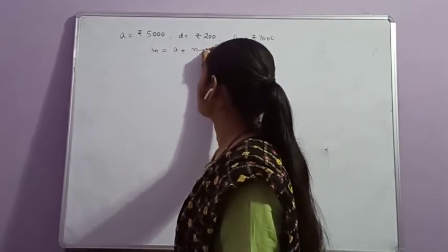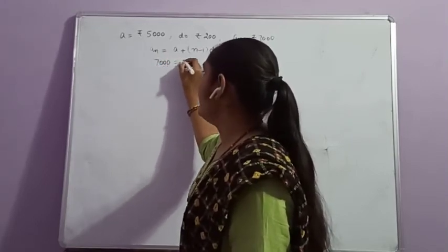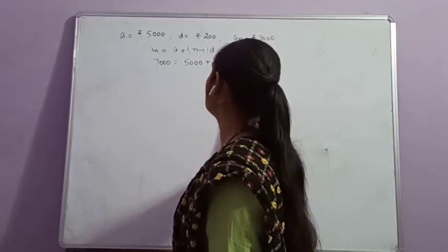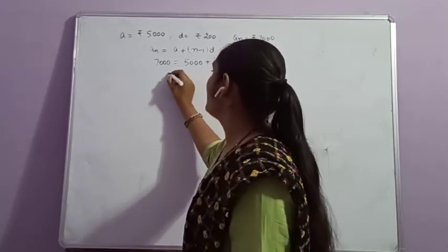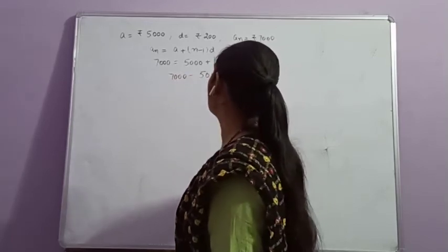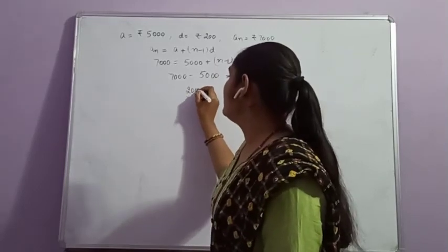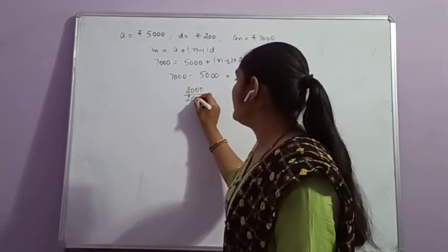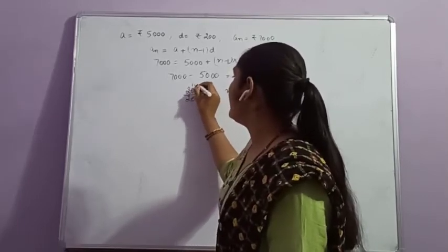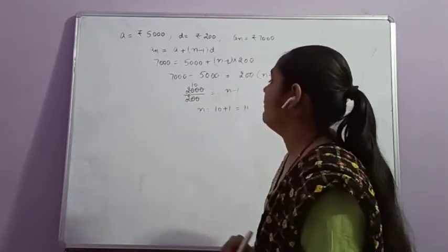An is equal to a plus n minus 1 into d. An is 7,000, a is 5,000 plus n minus 1 and d is 200. 7,000 minus 5,000, that is equal to 200 into n minus 1. 2,000 divided by 200, that is equal to n minus 1. 10, n is equal to 10 plus 1, that is equal to 11.